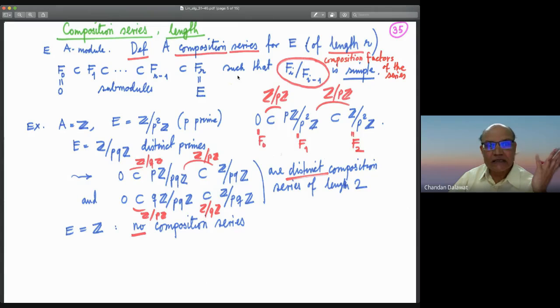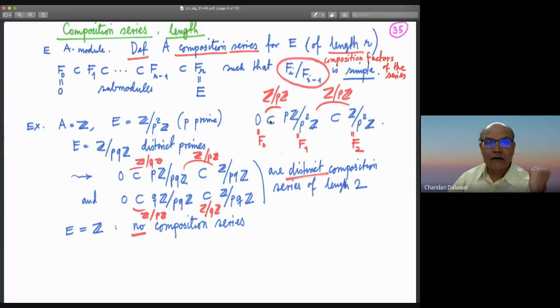So this basically is an increasing sequence of submodules. The first one is 0, the last one is the whole of E, and each successive quotient is a simple A module. Here is an example of a composition series. You take A to be the ring Z and E to be Z modulo P squared Z, where P is a prime.